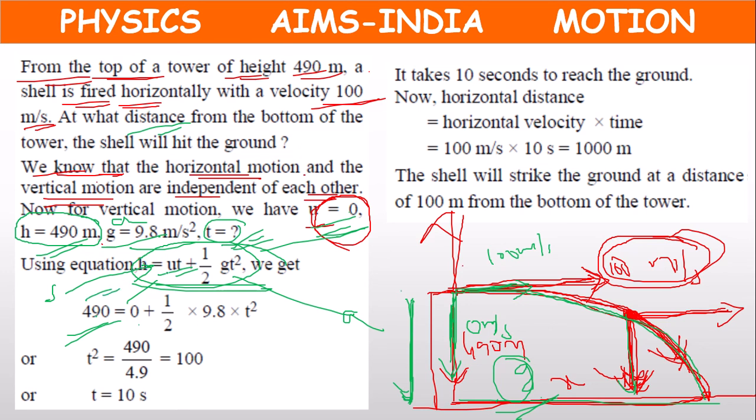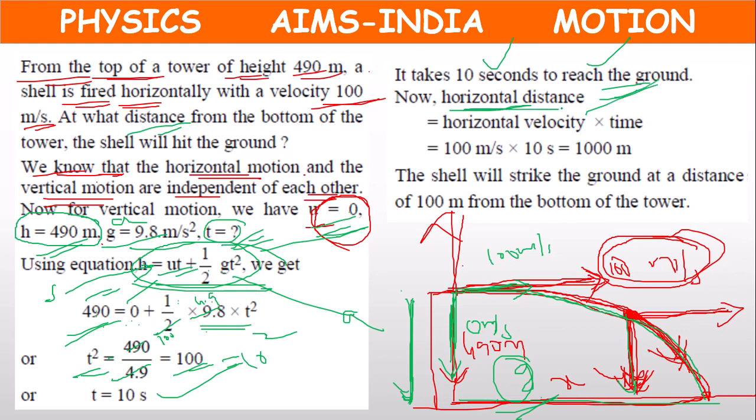So 490 equals u into t, with u 0 it becomes 0, plus half into g value 9.8 into t squared. Half of 9.8 is 4.9, so 490 by 4.9 equals t squared. 490 divided by 4.9 is 100, so t squared equals 100, which can be written as 10 squared, so t equals 10 seconds. So it takes 10 seconds to reach the ground.